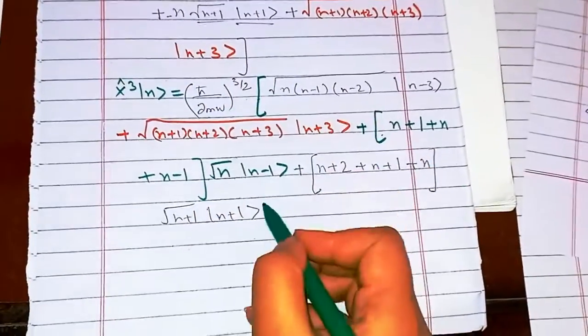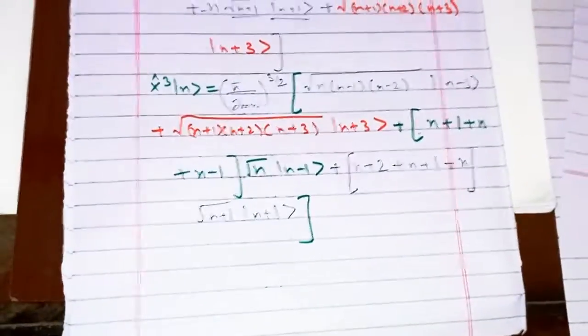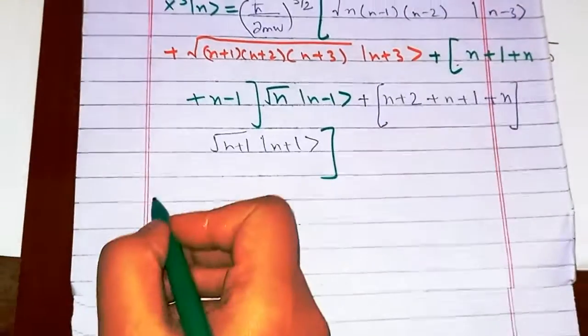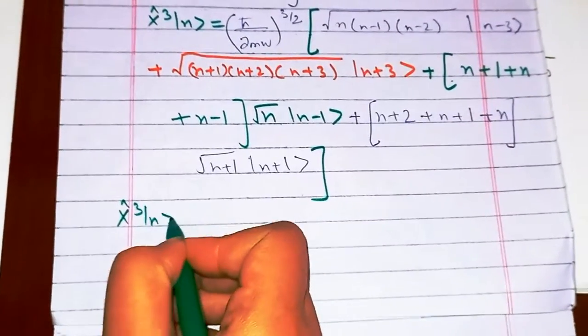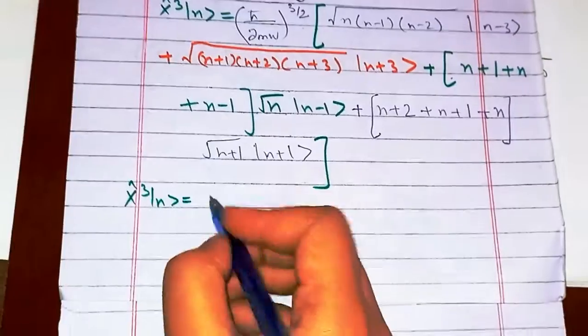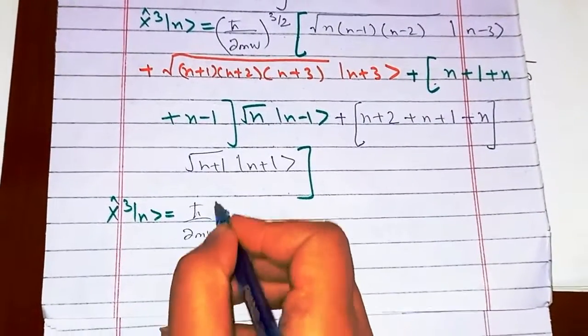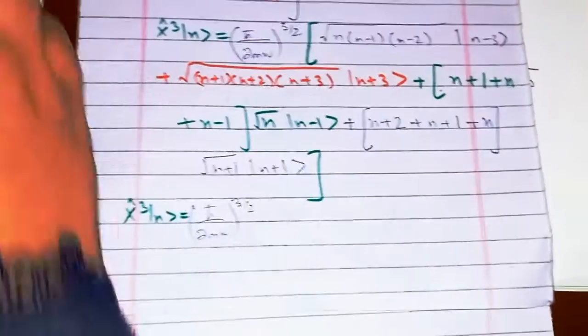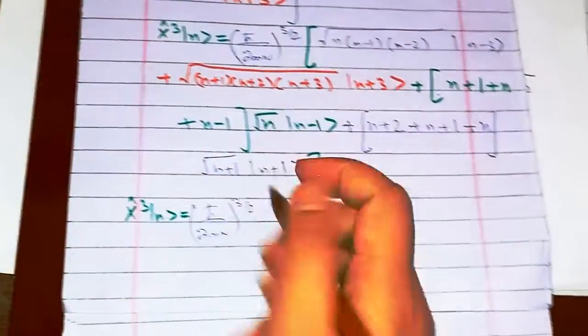So this bracket closes up here. Let's do this last summation. So it's ⟨x³⟩ on n, that is equal to (ħ/2mω)^(3/2), and bracket starts.